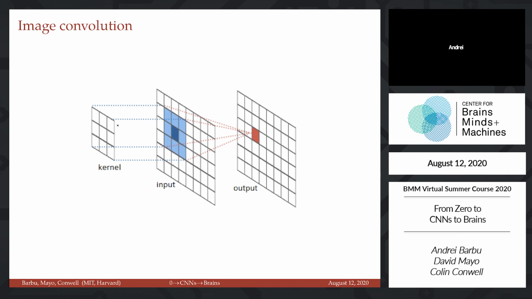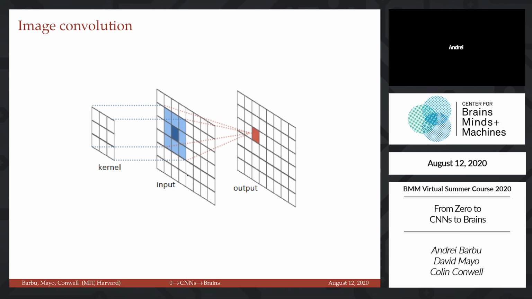In this case, we have a kernel, which is the filter. We have an input image, and we have an output image. We take the kernel, slide it across every position in the input image. At every location, we multiply the value that's in the kernel against the value that's in the image, and we sum them all together, and that produces a single pixel in the output image.